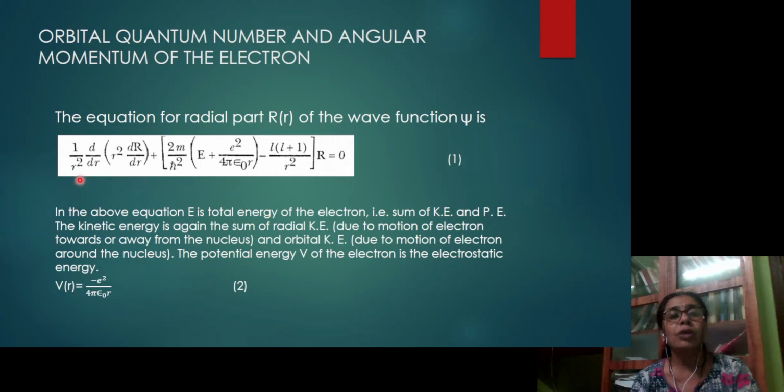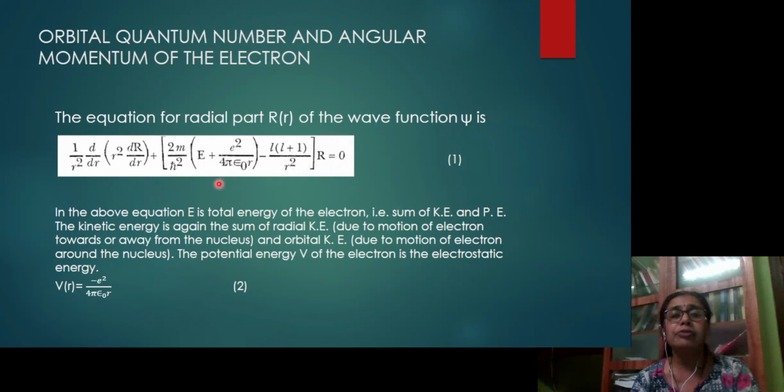It is 1 upon r square d by dr of r square dR by dr, plus 2m upon h cross square times E plus e square upon 4 pi epsilon 0 r, minus L into L plus 1 upon r square, times R, is equal to 0.